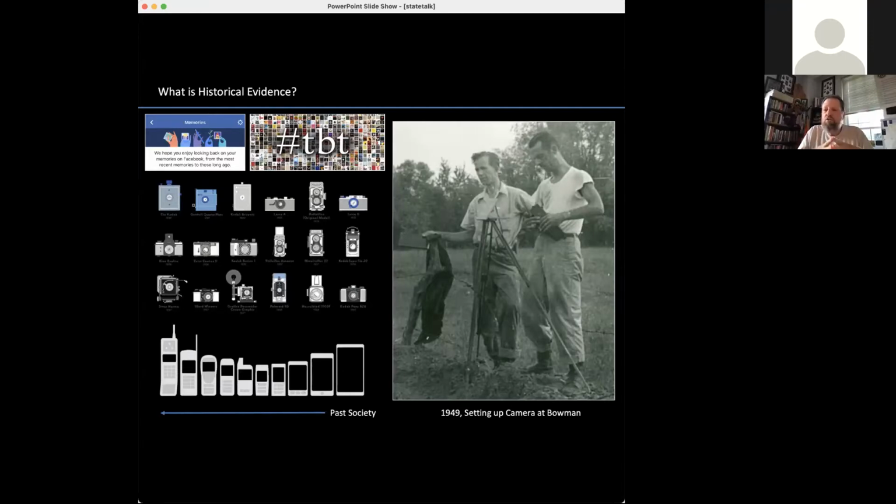First is the individual who made the image and the time period in which it was made. So this is historical evidence of image making that represents one particular society. Is it these guys here taking a photograph of something? Or is it individuals creating rock art that's depicting something of that time?